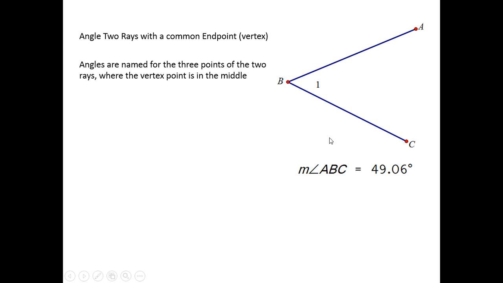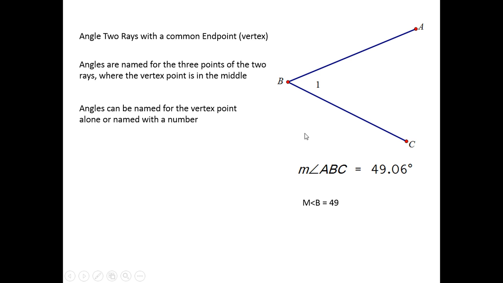So angles can be named in a couple different ways. I could refer to this as angle B, and it would be identified because it's basically the only angle depicted there. I could identify it as angle 1, okay? I could identify it as angle ABC or CBA. Actually, four ways, if we're naming it with the letters, then the middle letter has got to be the vertex. We could name it with the vertex alone, or we could name it numerically, okay?